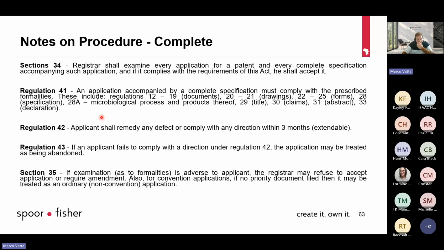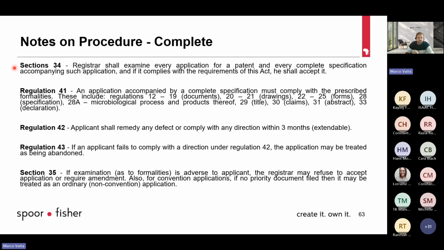Again, if you look at Section 34, it states that the registrar shall examine every application for patent and every complete specification accompanying such application. If it complies with the requirements of this Act, he shall accept it. Some people argue that Section 34 does make provision for the registrar to substantively examine the application because it doesn't expressly provide for formal examination only.